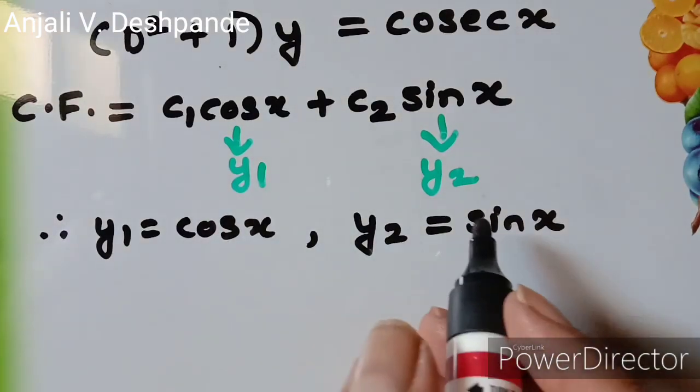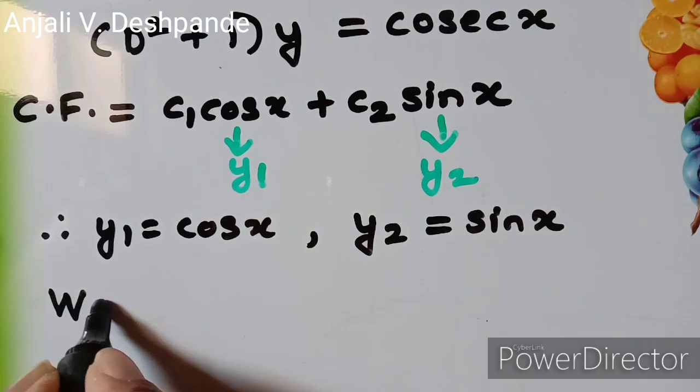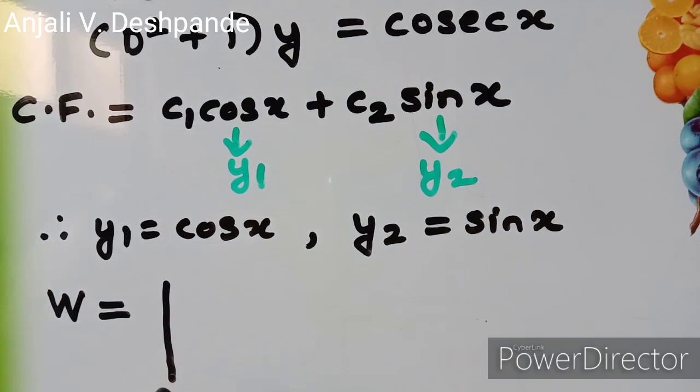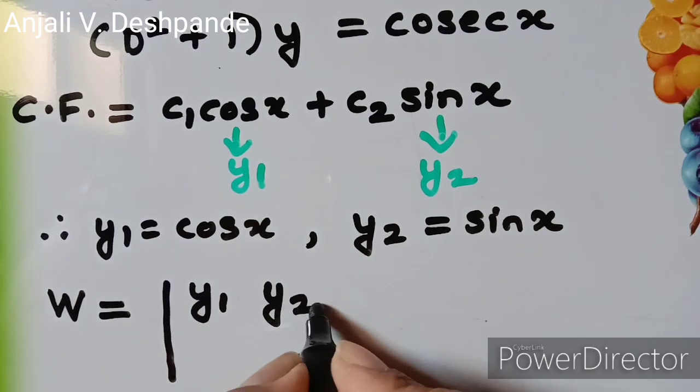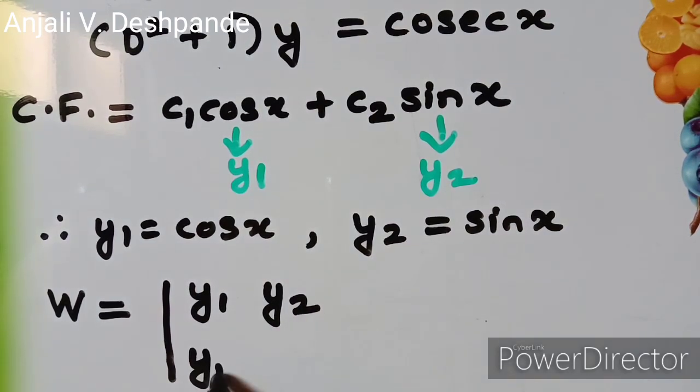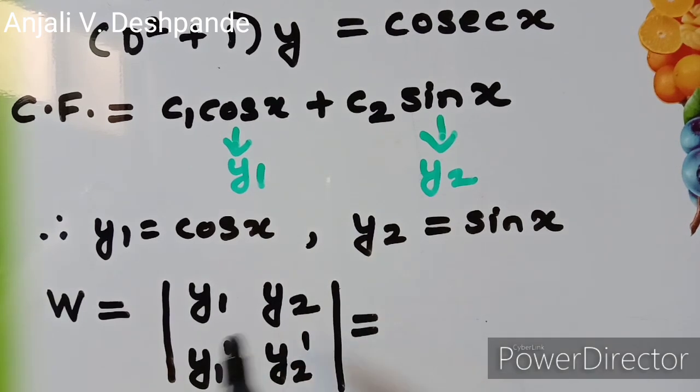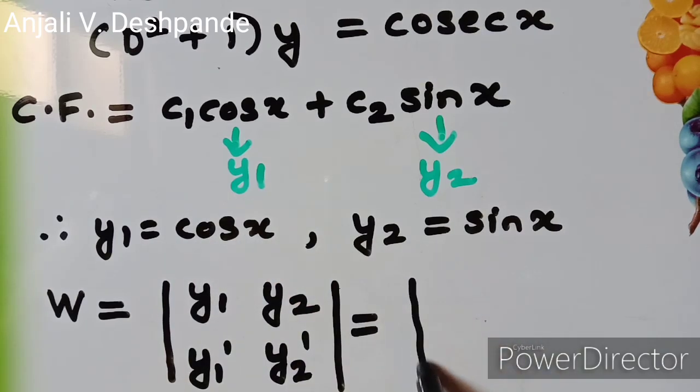After we get this y1 and y2, we are going to calculate the Wronskian of y1 and y2, which is given by the formula y1 y2 y1 dash y2 dash. Obviously y1 dash and y2 dash are the derivatives of y1 and y2.